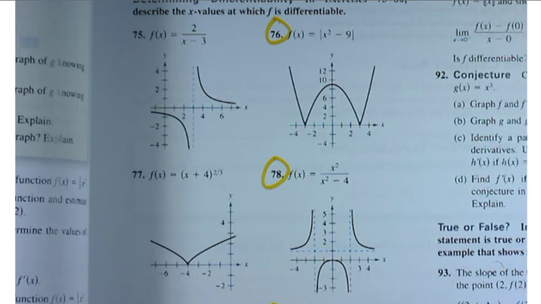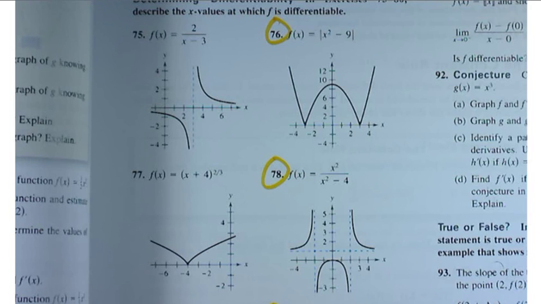So we're trying to find the values of x at which f is not differentiable. The problem described in the book is actually finding where it is differentiable. I think it's easier just to list the ones where it's not differentiable. So take a look at that for a second, and then we'll see what you think.